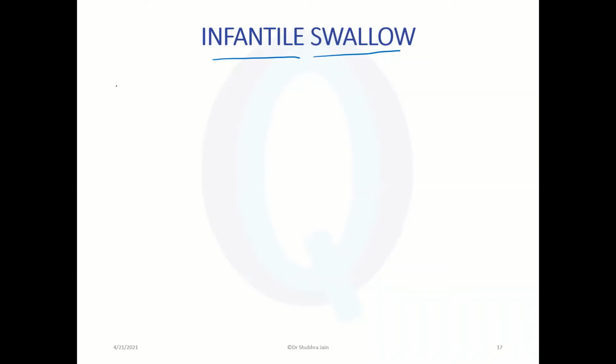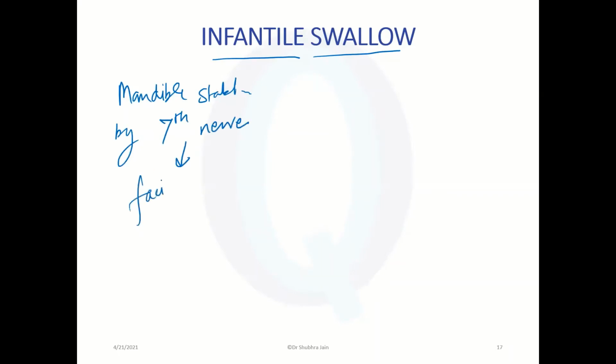What happens in swallowing in infants? In infants, what happens is the mandible is stabilized by the seventh nerve, which means the facial nerve.